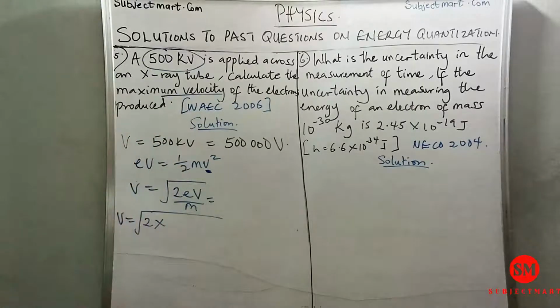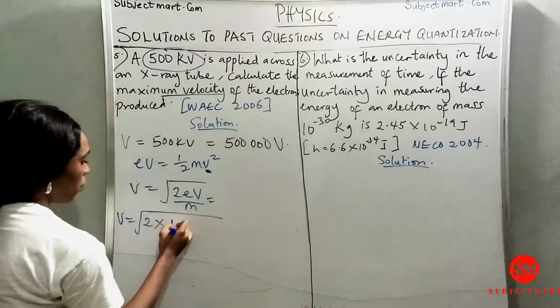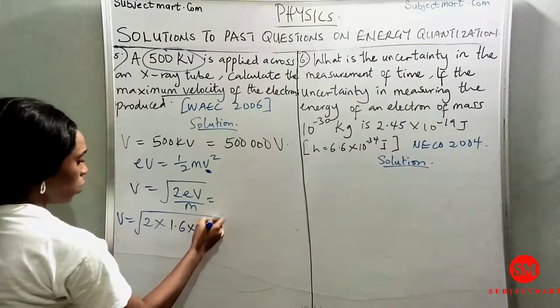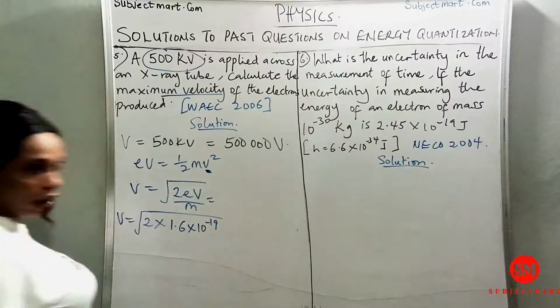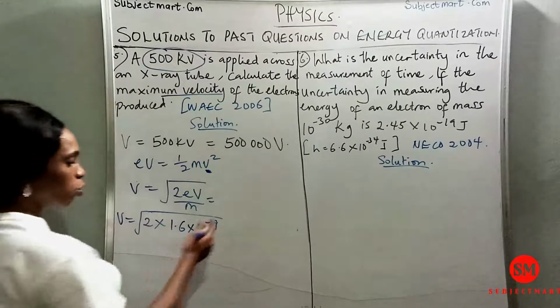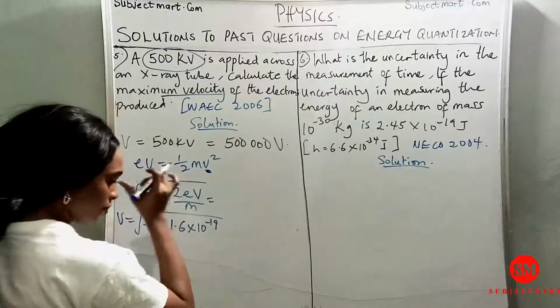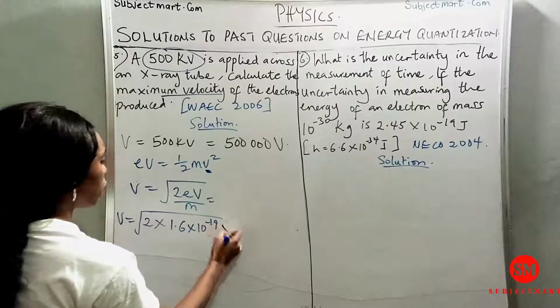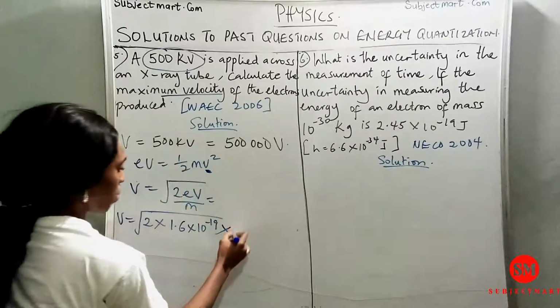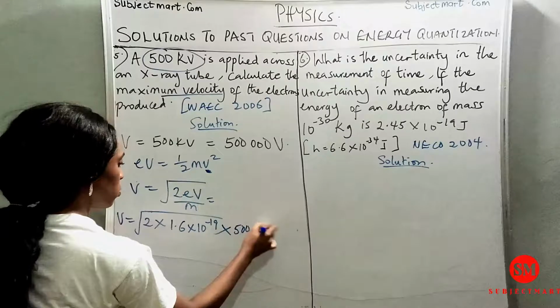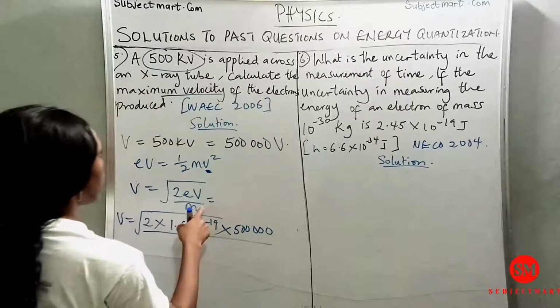Our e is equal to 1.6 times 10 raised to the power minus 19. We know that already. That's the charge. 1.6 times 10 raised to the power minus 19. Then our V, which is 500,000, over m.